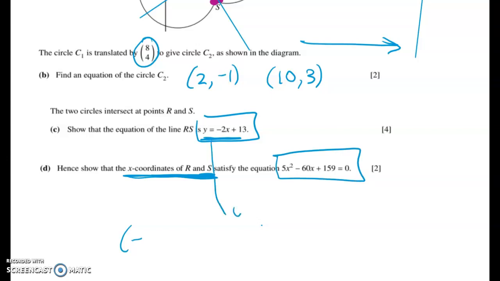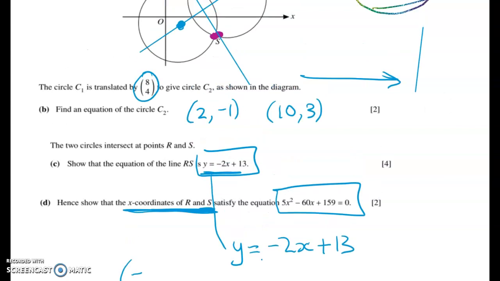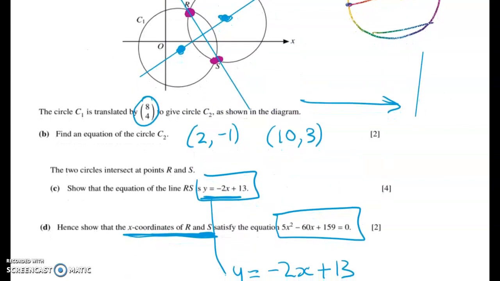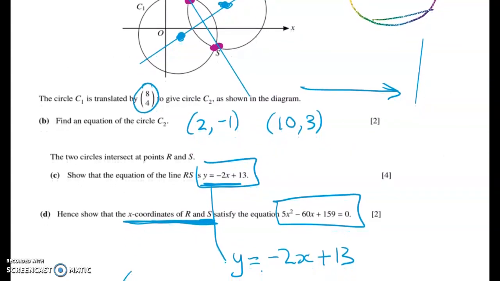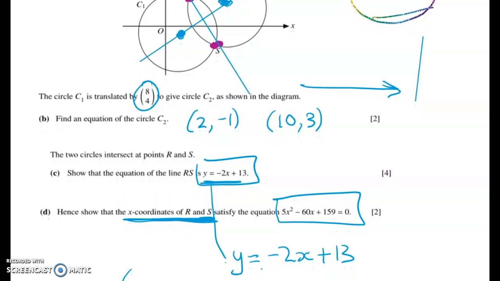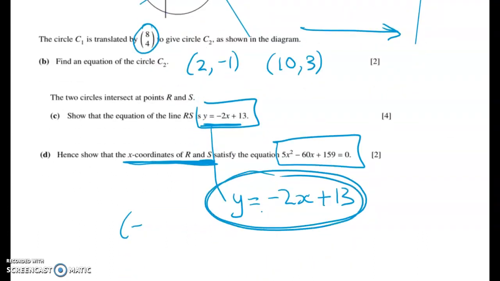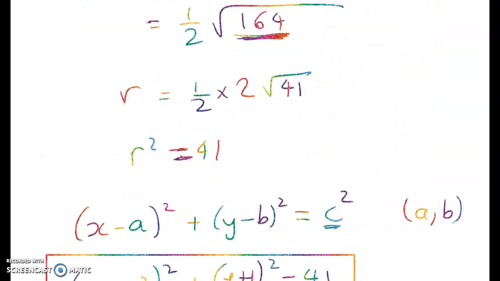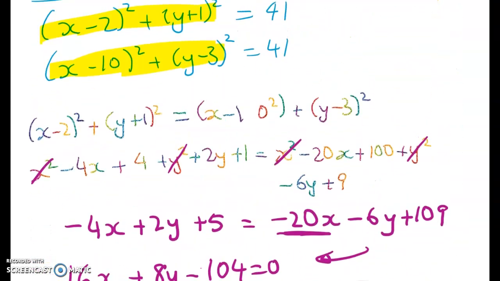So we're told that we've got y equals negative 2x plus 13. And we can see that R and S are on both the circles. So we can choose either circle equation to substitute this y value into. Okay, so I'm going to do the one with 10, like the second equation here.